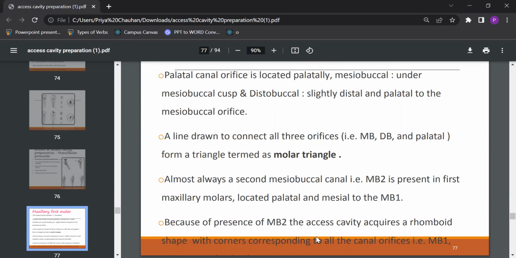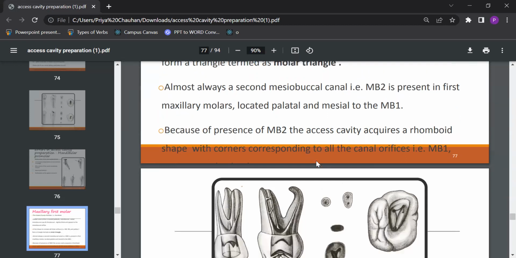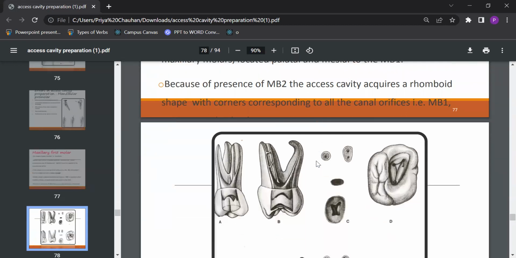Next one: almost always a second mesiobuccal canal, MB2, is present in the first maxillary molar. It is located palatal or mesial to the MB1. So our second mesiobuccal canal, MB2, will be present palatal and mesial to MB1. This one. See the diagram.